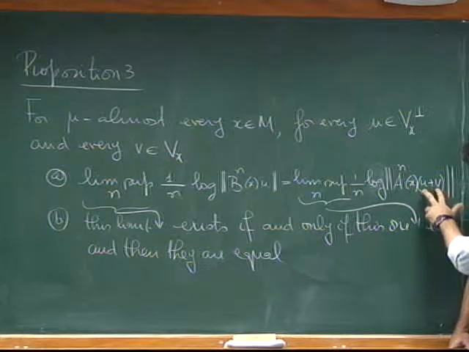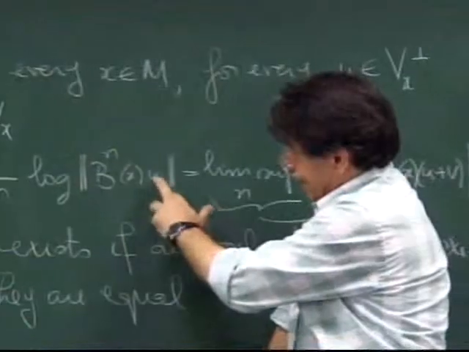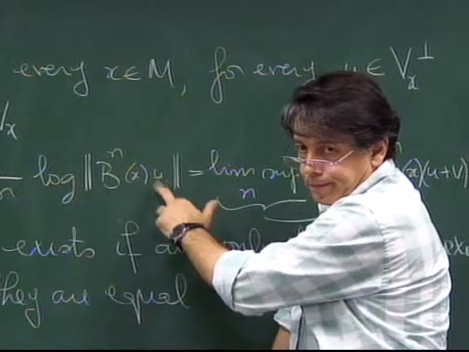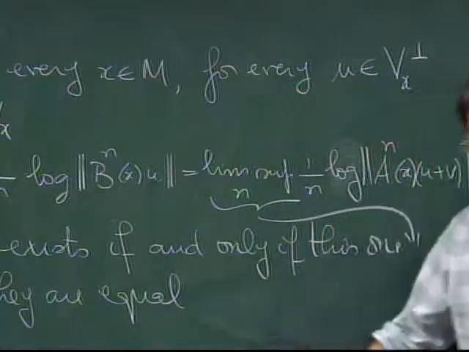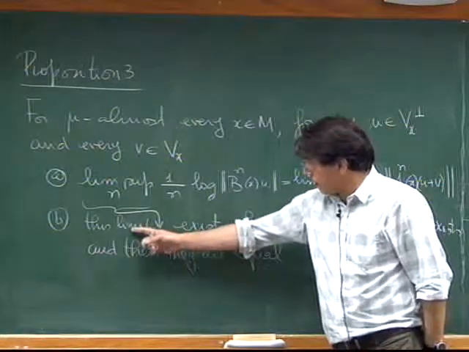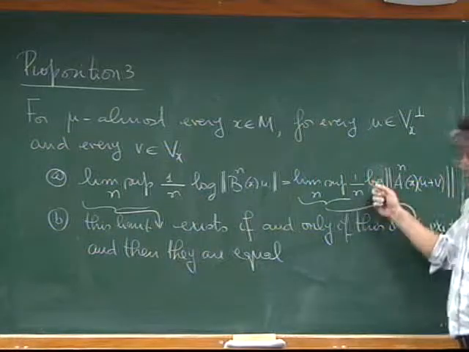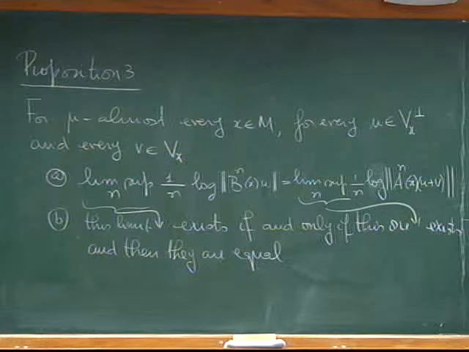Not only does it not depend, but it is equal to the growth along the orthogonal for this new cocycle. Now this is fantastic, and the lim sup is a limit here if and only if it is a limit there. And then the two limits are the same.